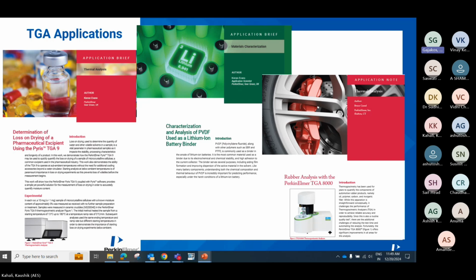You can download them and use them as a reference. In this session, we will go through some applications from different types of industries and different materials, and how our TGA can offer you better results and better information. So we will start with our first application. Next slide, Kaushik.